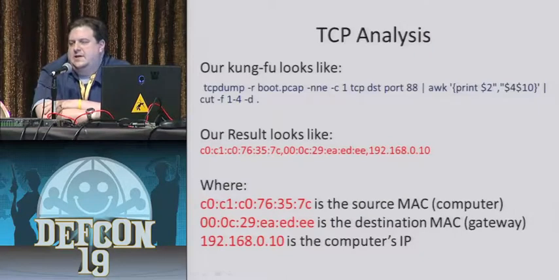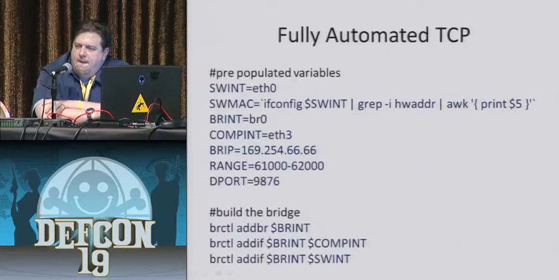You capture the packet, you dump it to a file, you read it from the file, you awk out the information you want, and you get the source MAC, the destination MAC, the computer IP. So the fully automated script sets up the various interfaces. I went ahead and automatically grabbed the MAC address of the switch side of the interface.